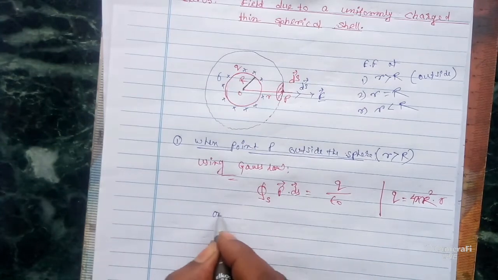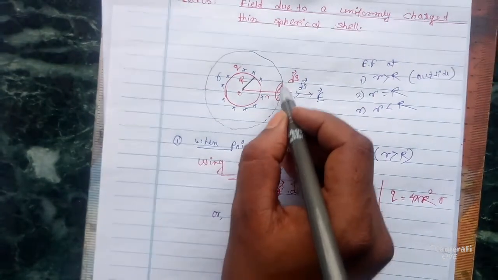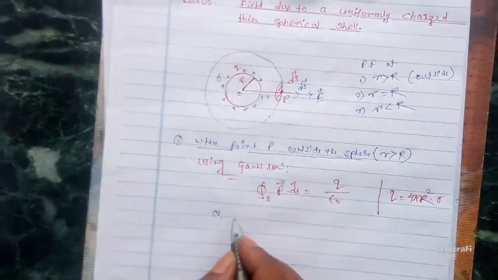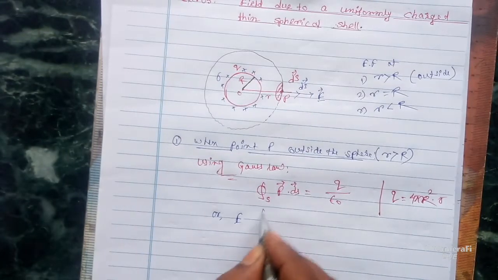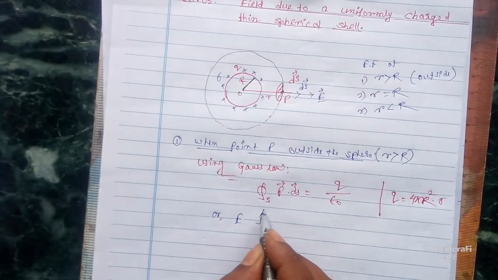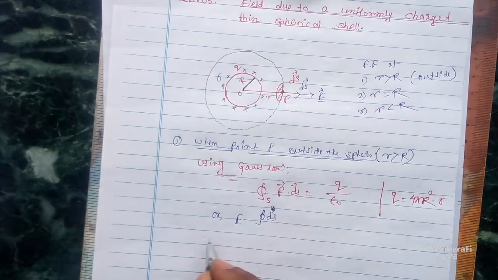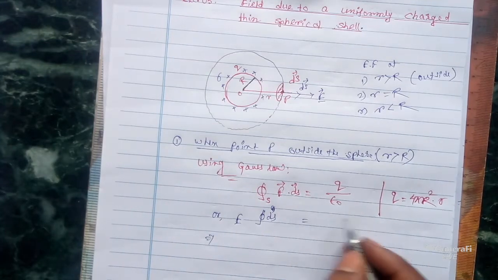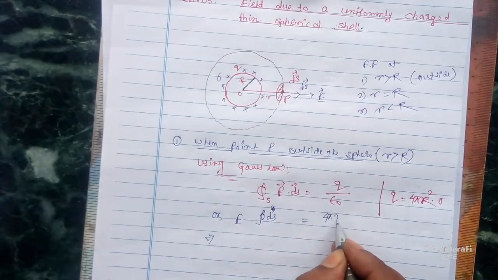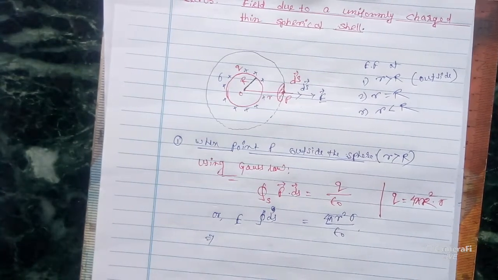What will be the value? E is constant everywhere through this surface. So E will come outside, and the ds integration is equal to q by epsilon naught. Q is 4 pi capital R square sigma by epsilon naught.